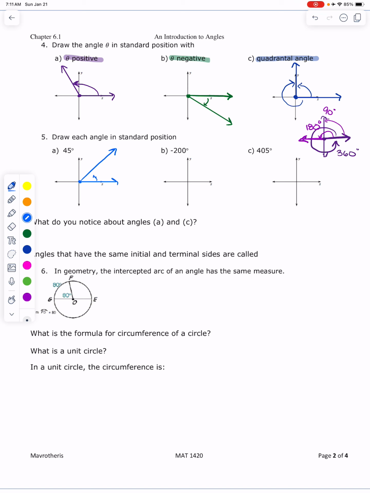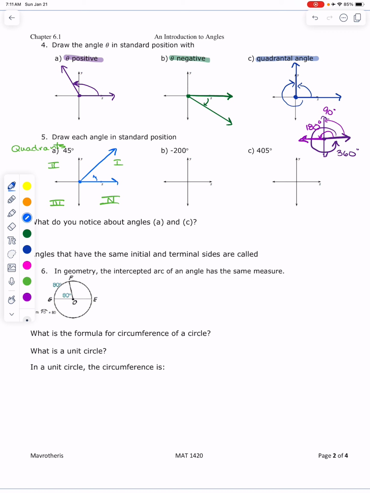Again, positive direction, so that terminal side ends up in the first quadrant. So let's remind us about quadrant numbers. Quadrant 1, we go counterclockwise. 2, here's quadrant 3, and quadrant 4.